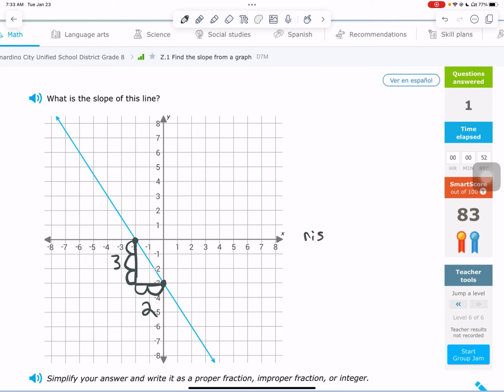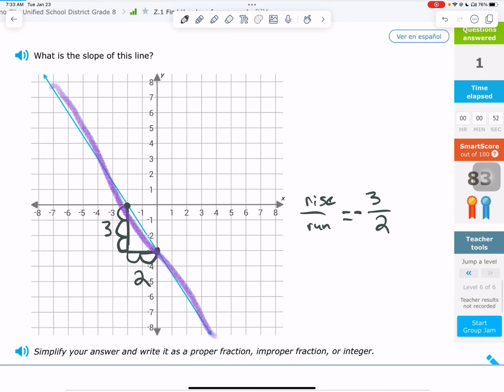I will write it as rise over run, which is 3 over 2. This line is going down from left to right, so it is negative. And I will keep it as an improper fraction, so my answer will just be negative 3 over 2. And that is how you find the slope from a graph.